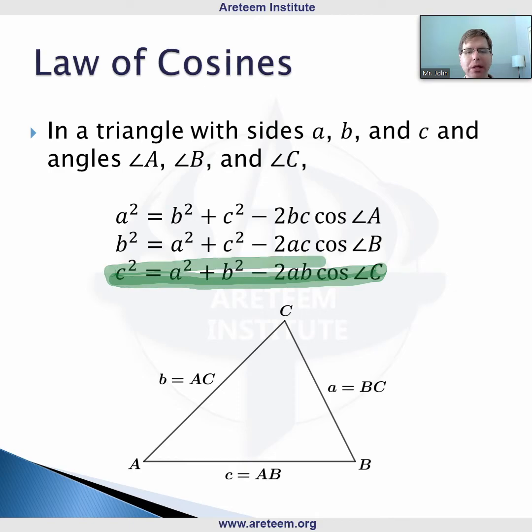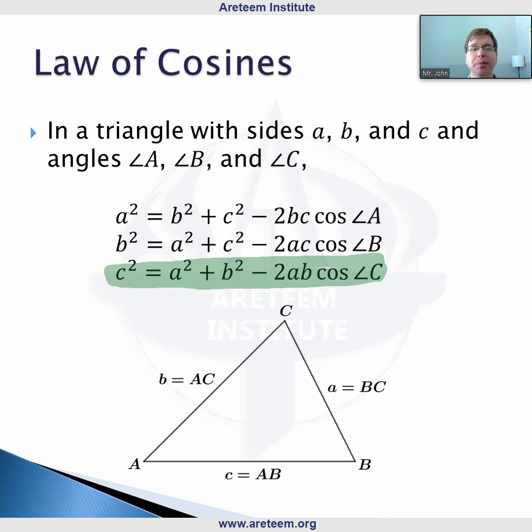When we look at this, it should remind us a lot of the Pythagorean theorem. In fact, this is an extension of the Pythagorean theorem, because if you think about the unit circle definition, if we have a 90-degree angle, cosine of 90 degrees is 0.